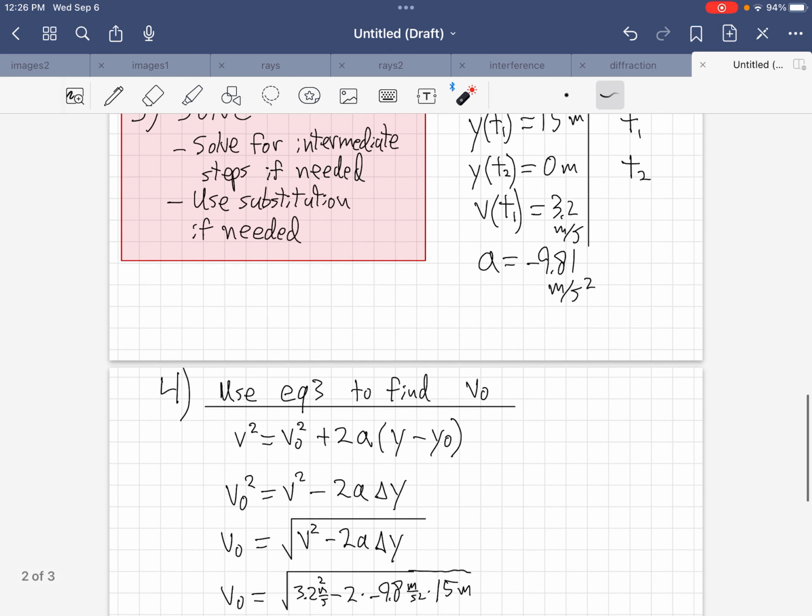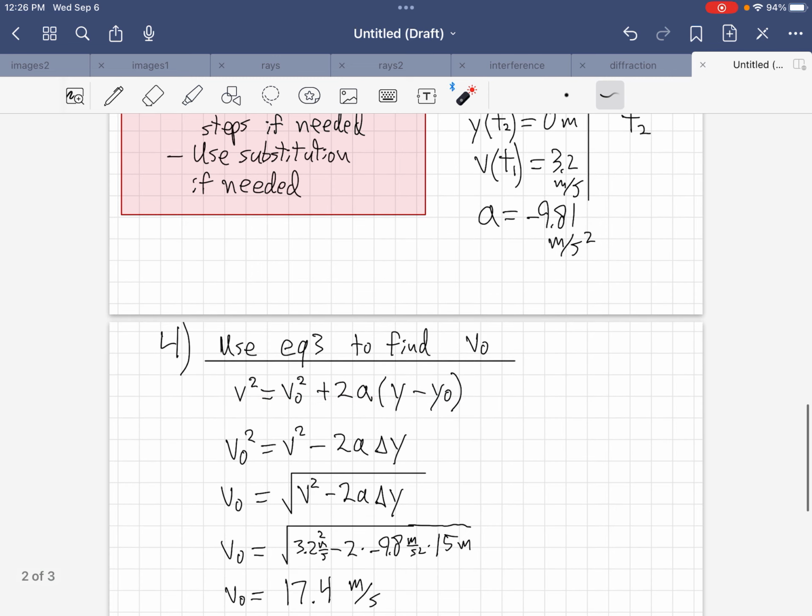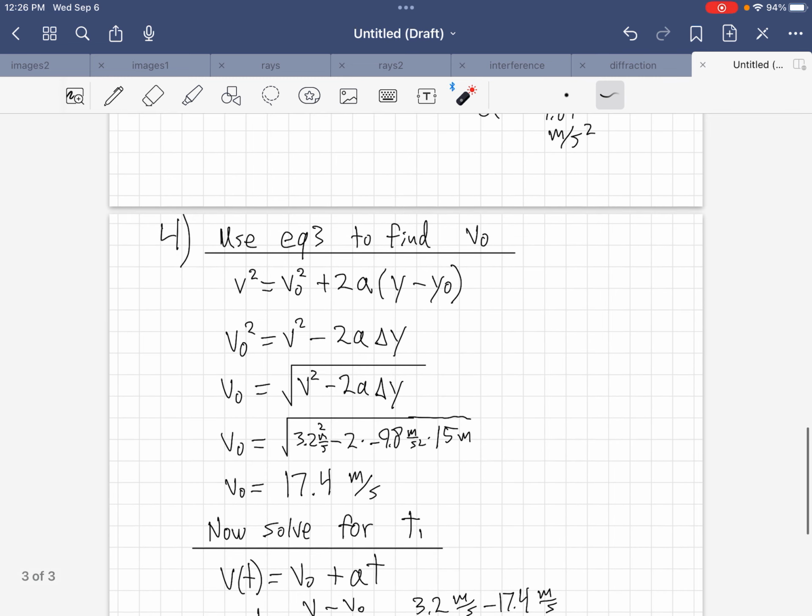All right, so we're going to solve for the initial velocity. There are a few different methods when you're doing physics. Some people like to plug in numbers right away, and you could do that if you want. It's up to you.